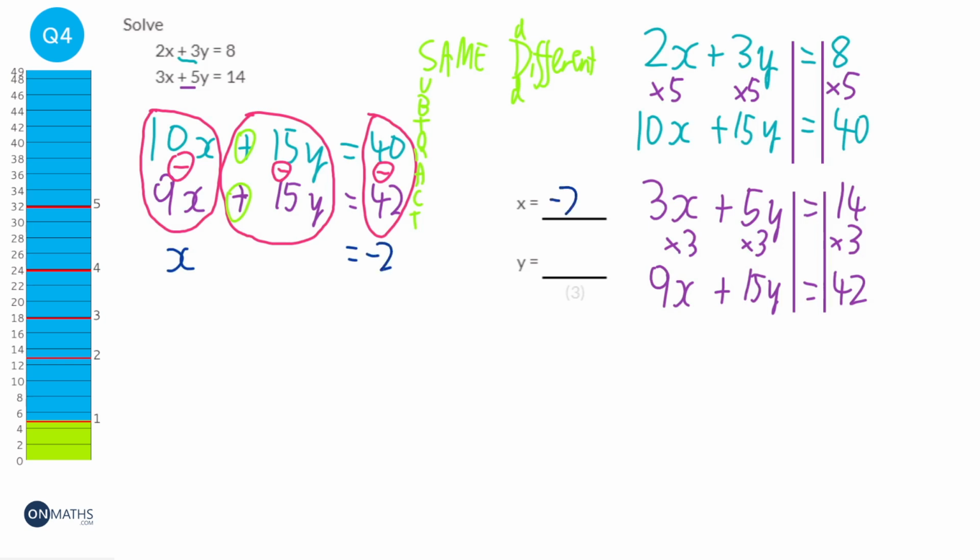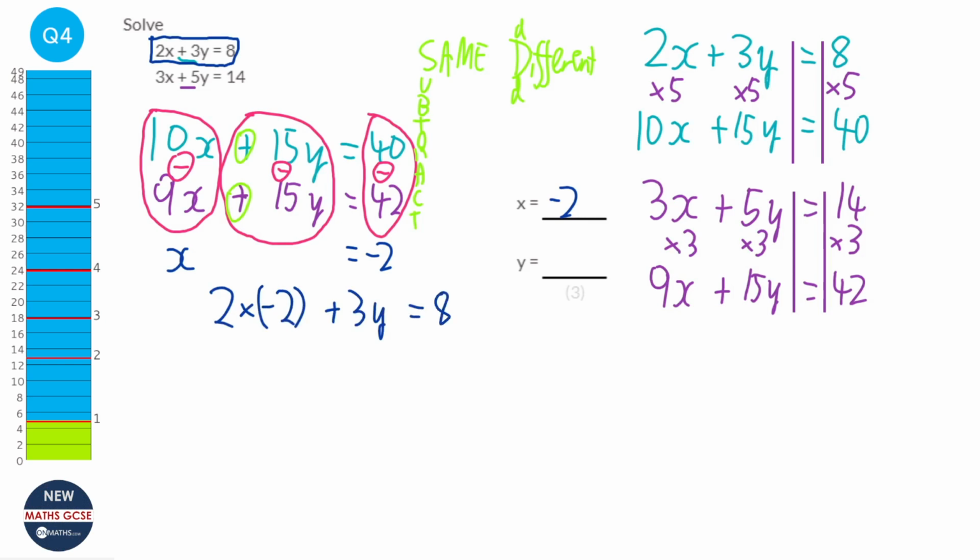So x is equal to -2, but that is only one of the battles because we need to find out what y is. So we're going to substitute in that -2 into our first equation. So we've got 2 times -2 plus 3y equals 8, and we can get our lines in. So the first thing we're going to do is take away the -4.